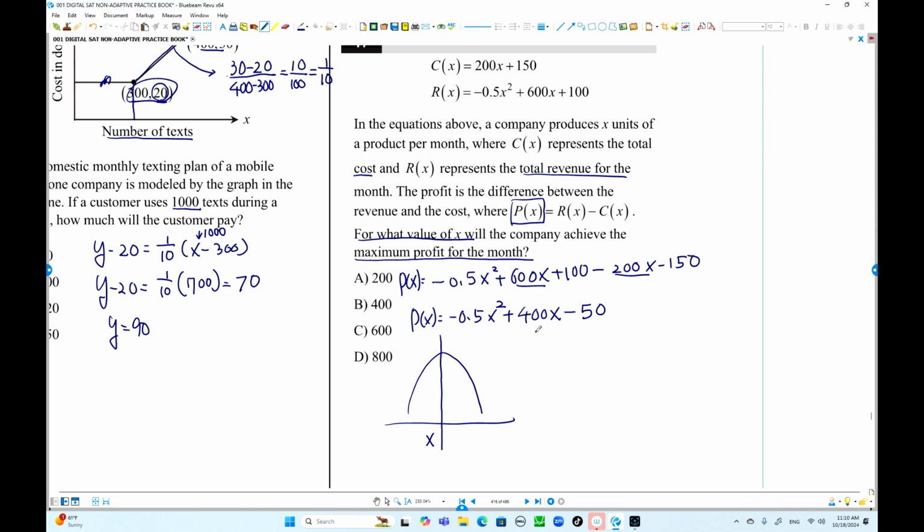Negative b over 2a. b is 400, negative 400 over 2 times a, which is negative 0.5. That is the value of x. At this value of x, it has maximum profit, okay? Minus minus is plus, right? So how much? 400, right? At x equals 400, it reaches the maximum profit.